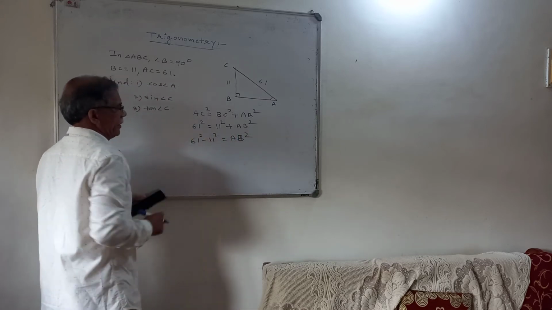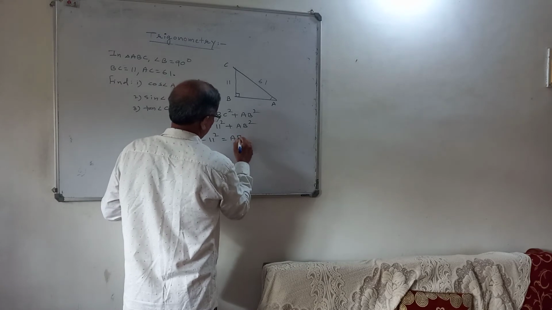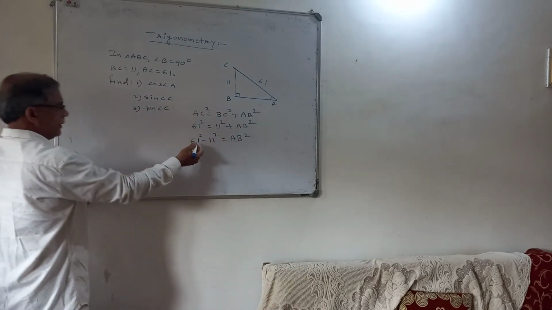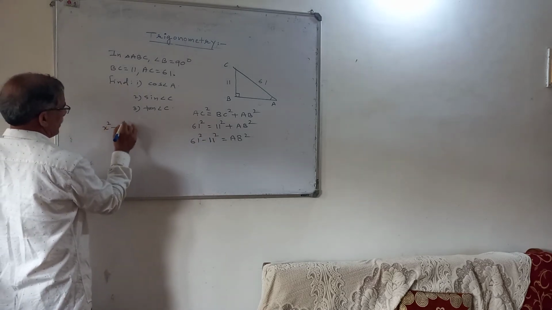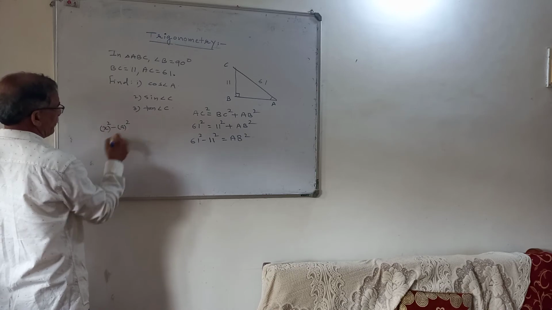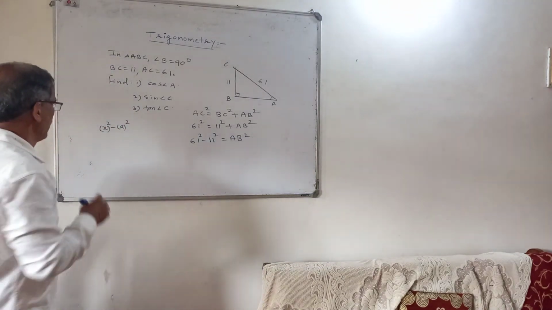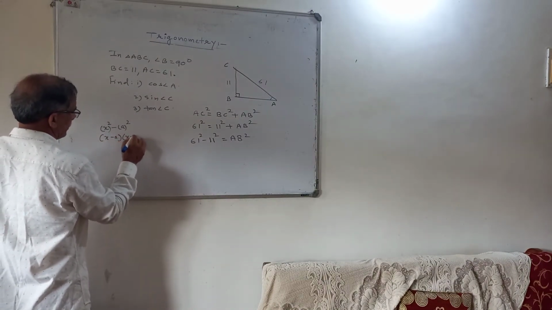So this will come to this side, and to that side, what is remaining? AB square is remaining. Now can you see this is of the form x square minus a square? X square minus a square, how are we going to write the factors? It is x minus a into x plus a.